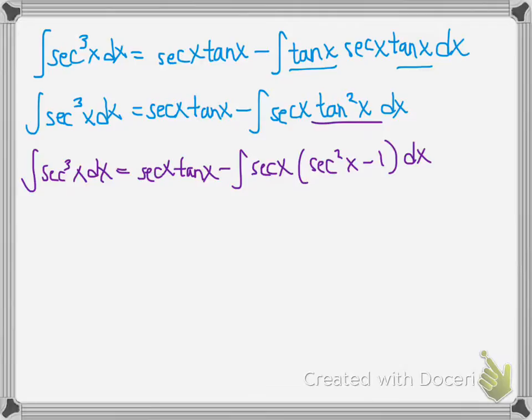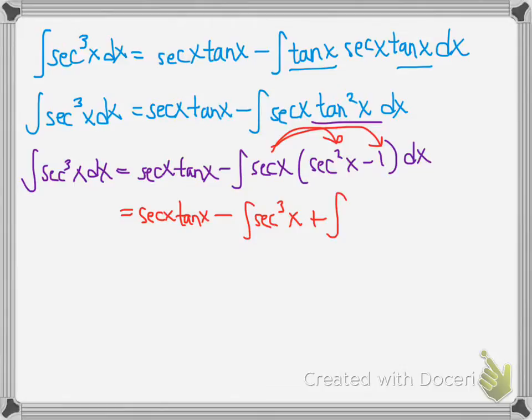Then we're going to distribute that secant into the parentheses to get secant x tangent x minus the integration of secant cubed x plus the integration of secant x, and I need my dx's.